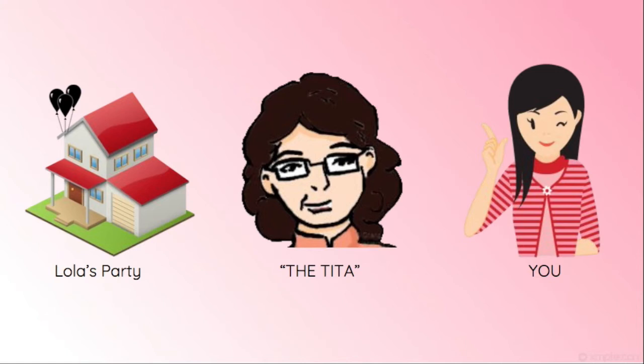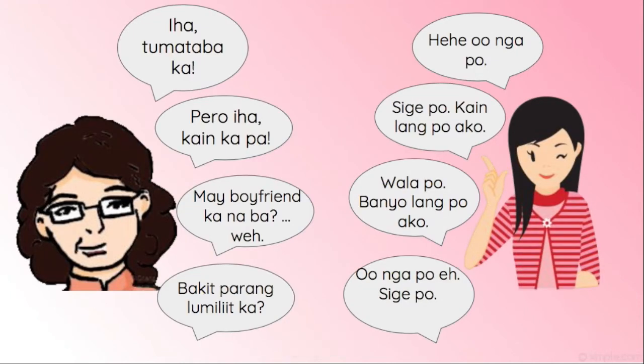Let's talk about the stereotypical garrulous and inquisitive tita, if you will, in Filipino culture. Usually in, for instance, your lola's party, you are trying to close the conversation with her because she's really probing into your life. But it's really difficult to do that because she constantly brings up another topic.